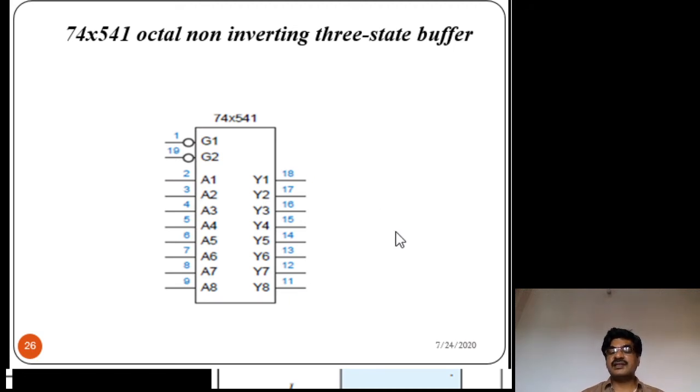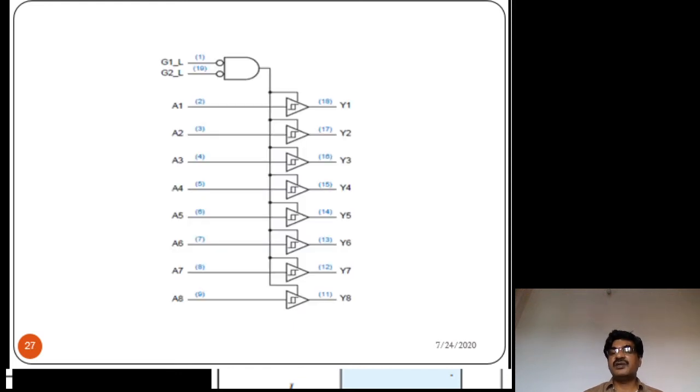So let us see the internal logic diagram for this 541. So this is the internal diagram for the 541. It includes 8 tri-state buffers with active high enable internally, but externally the enable is active low. A1 up to A8 are the inputs to the 8 buffers, and Y1 to Y8 are the outputs from the buffers.